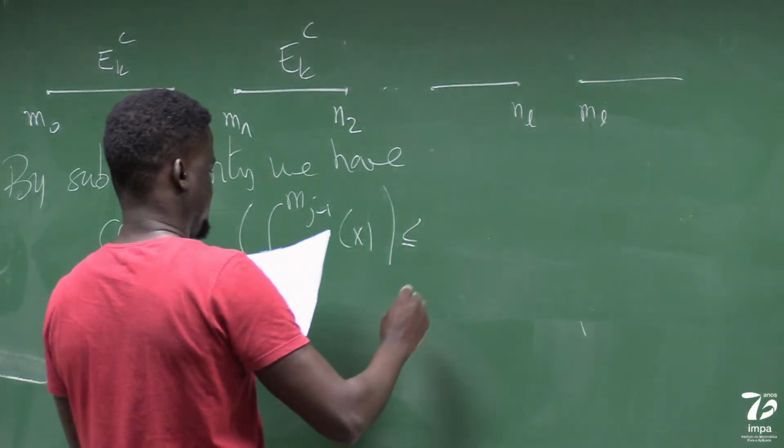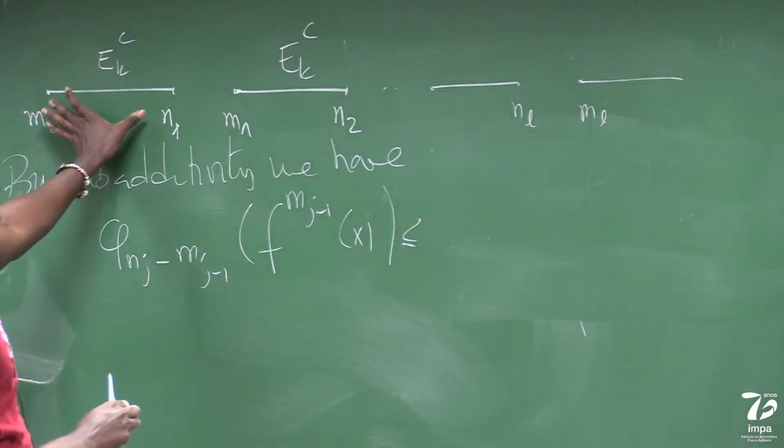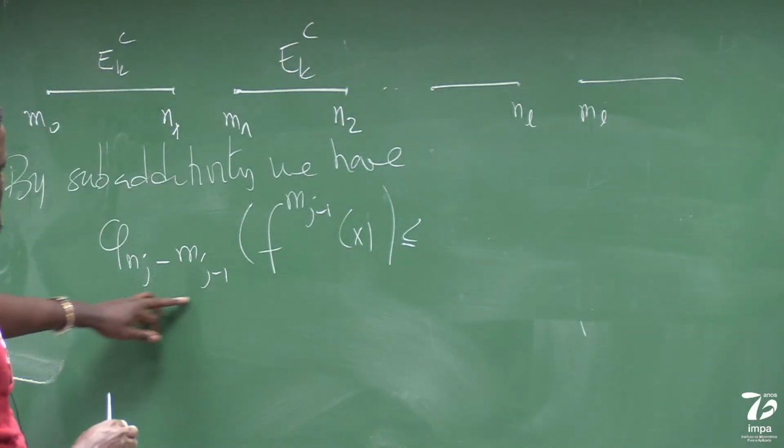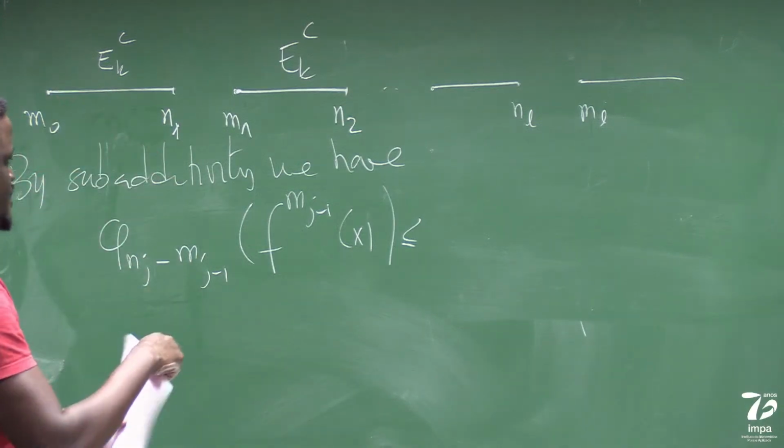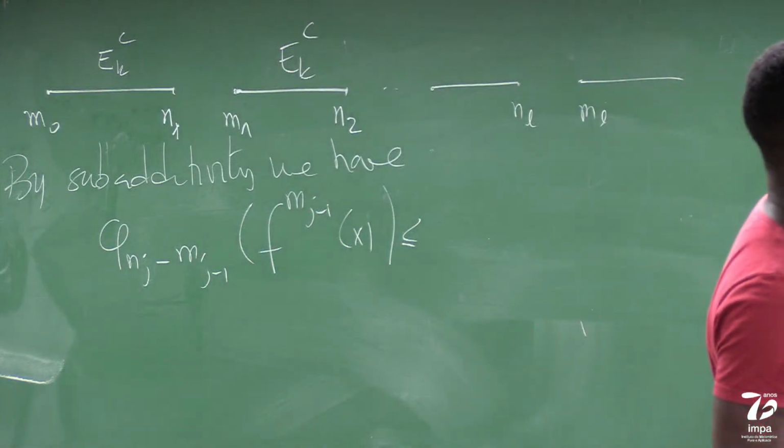This guy is less or equal to, because this is the time that you stay outside, okay? These are the times you stay outside, and if you're outside, you know the function is given by phi_1.